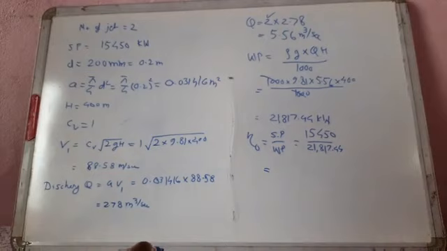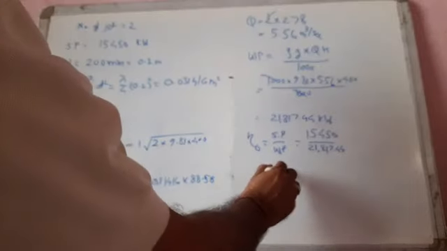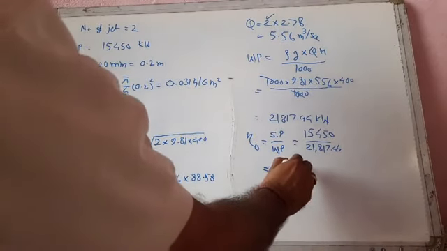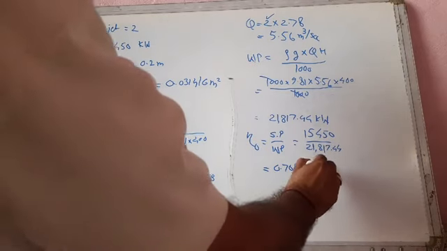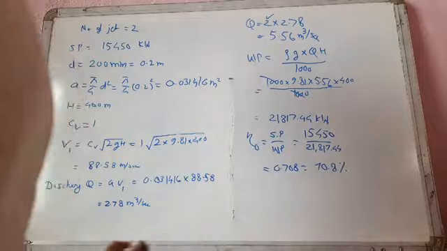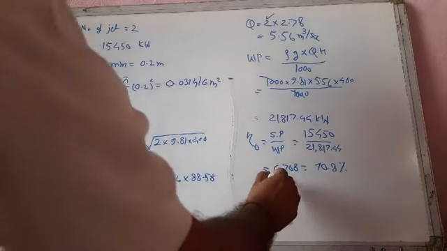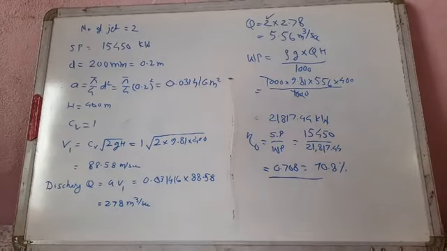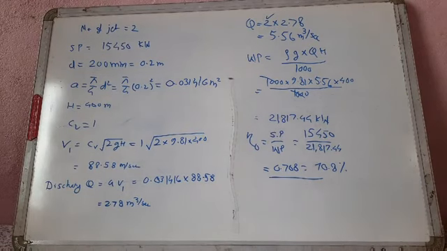So this overall efficiency is 0.708, that is equal to 70.8% is the efficiency of this turbine.